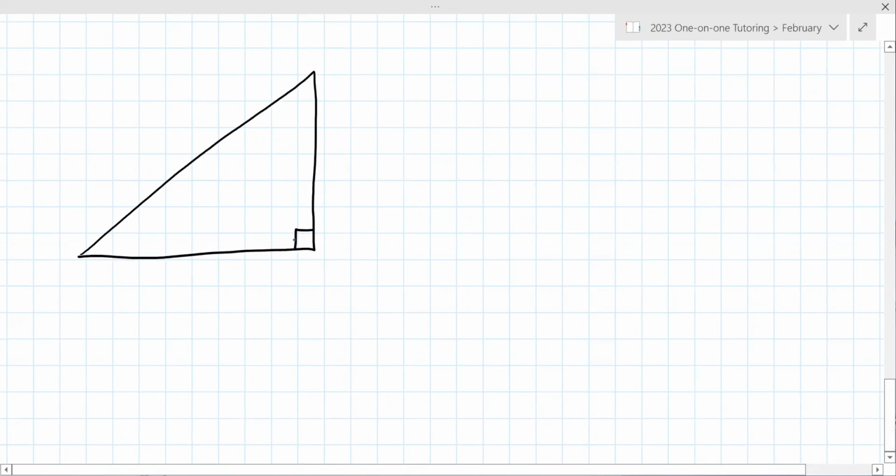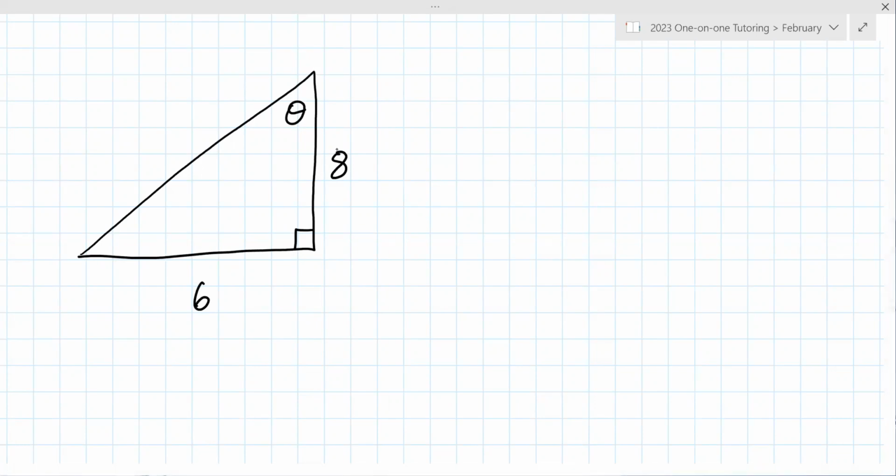Okay, so we're going to change this up a little bit. I'm going to put theta here, 6, 8, and I want you to find the hypotenuse first.